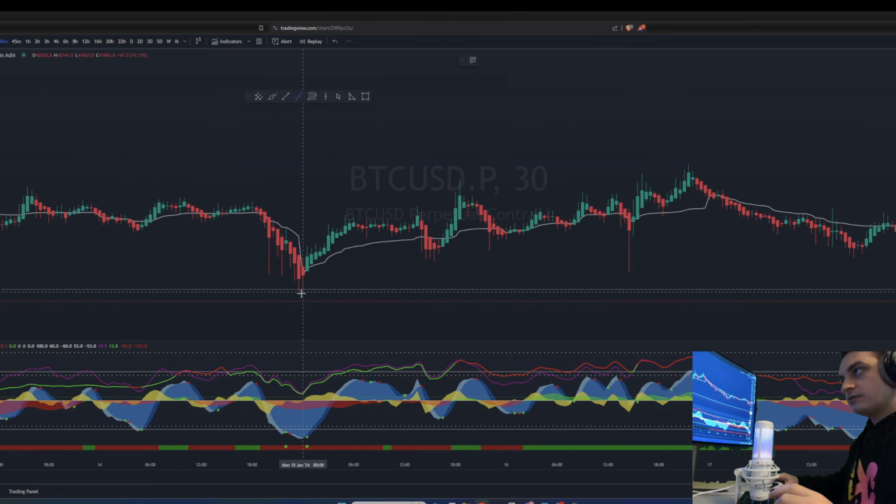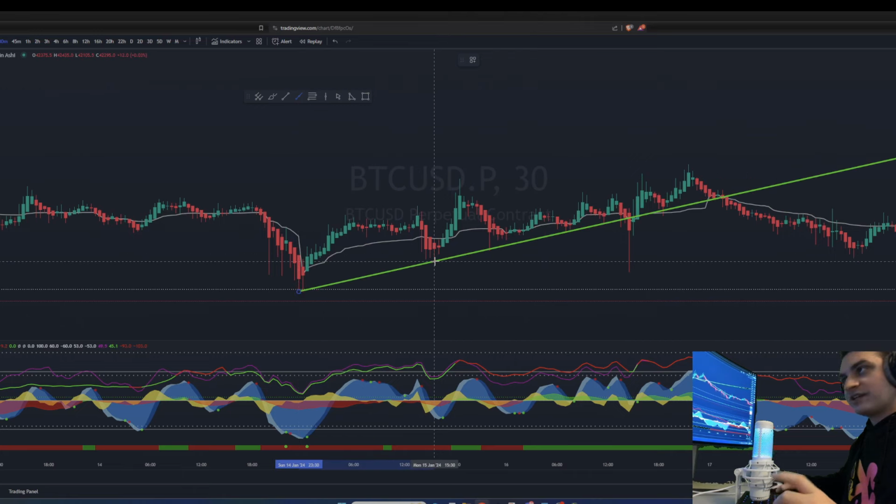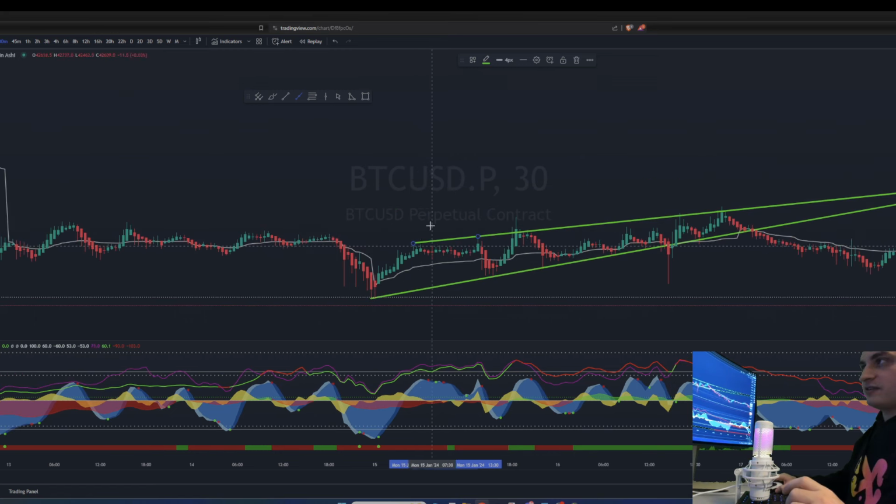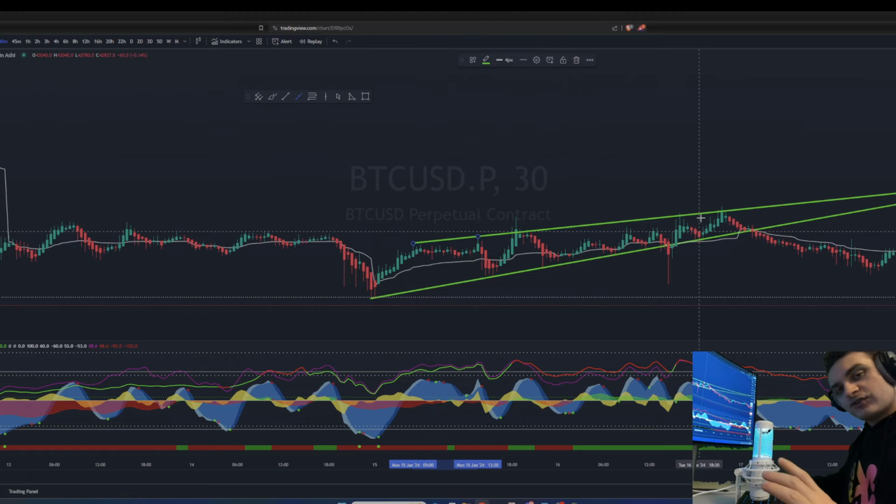Let's see. So we'll connect these lows from this point, and we'll connect this high we got. Interesting. So this daily range gave us a strange upward-facing consolidation, right?